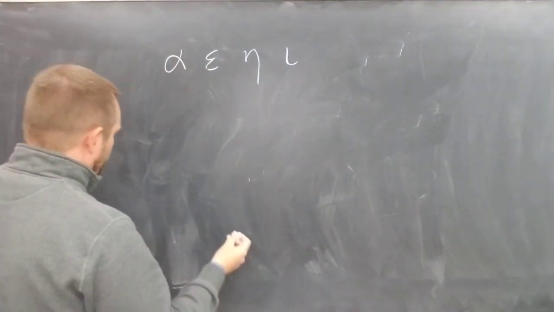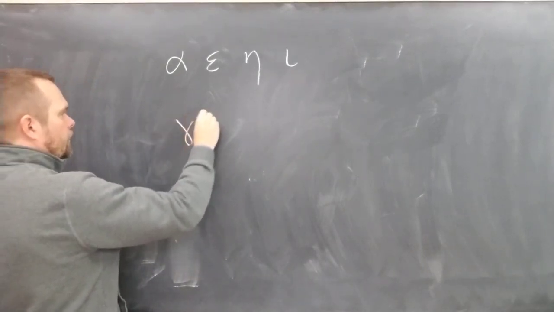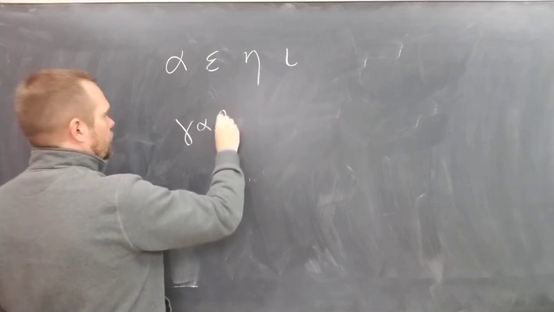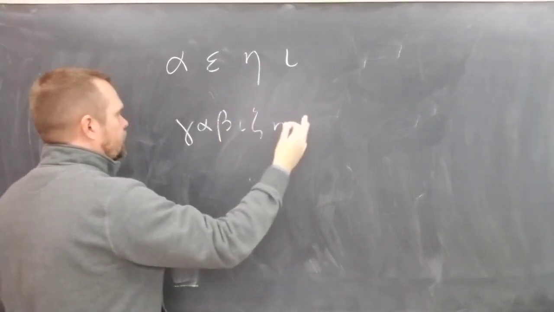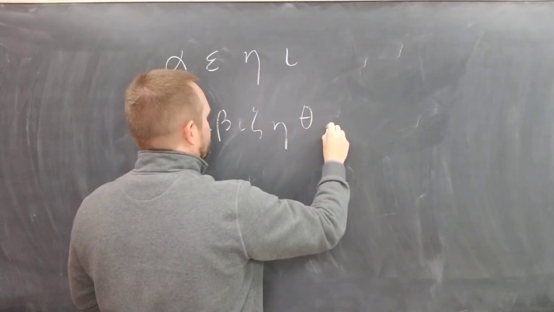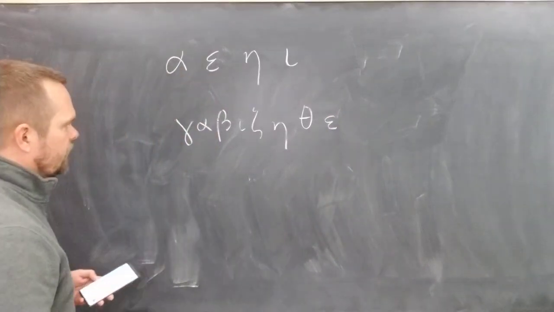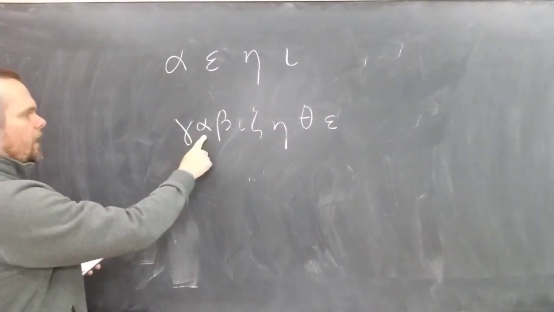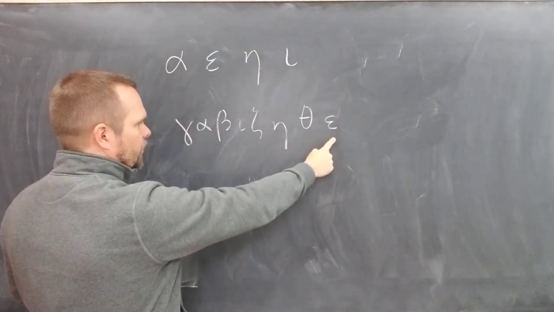So let's just take these. These are completely artificial words just to practice with the different sounds. Gamma, alpha, beta, iota, zeta, eta, theta, epsilon.